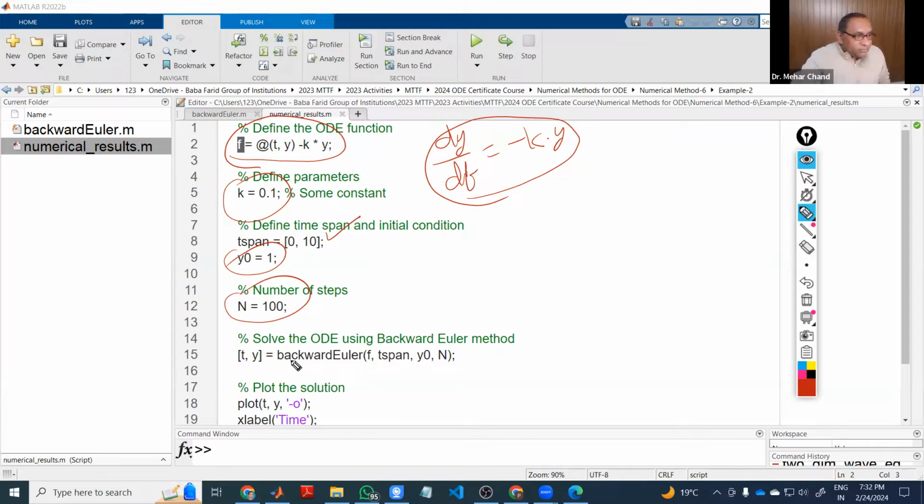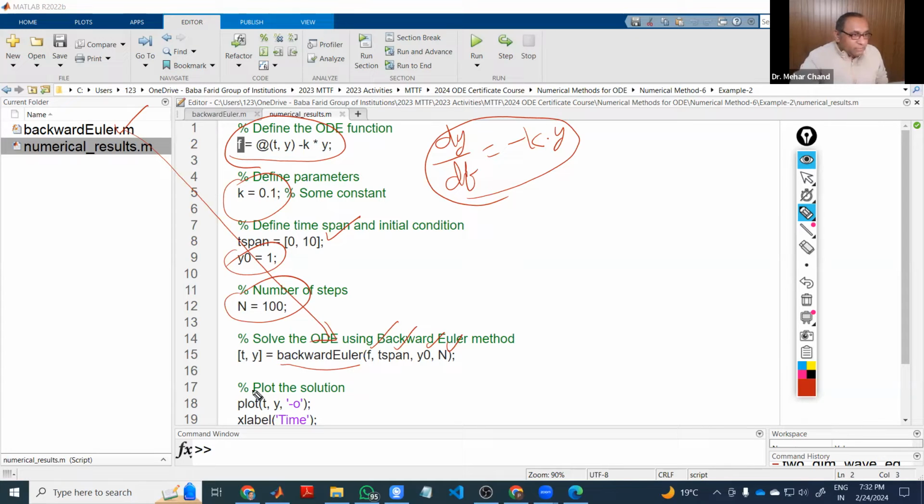At this place we will call the backward Euler method which we just created. We are calling the function here, and the file is saved in the same directory. All the input arguments which are required have been assigned in the above statements.